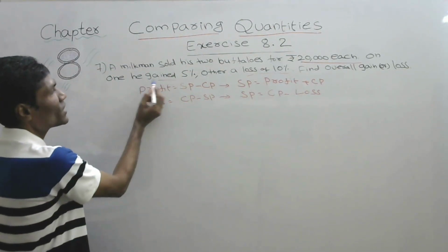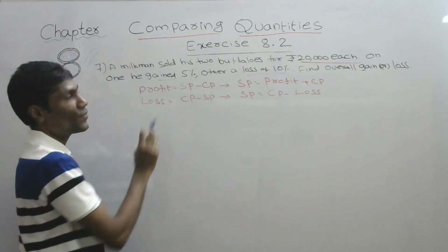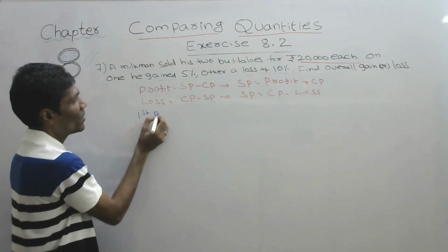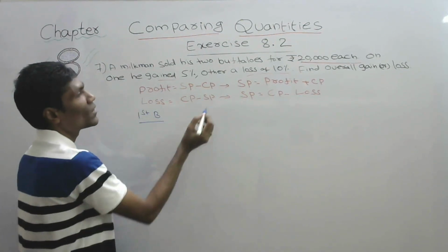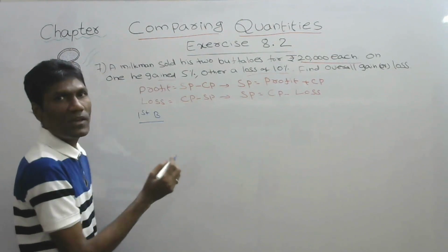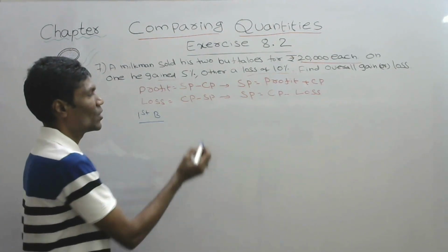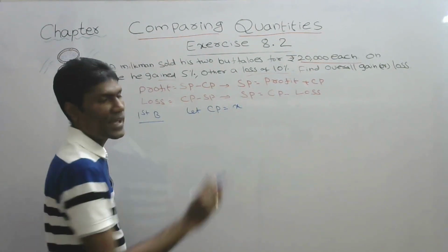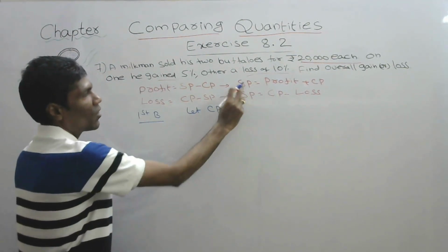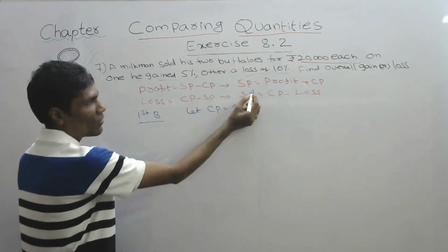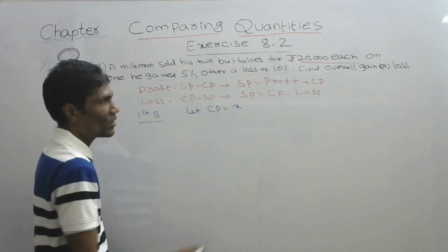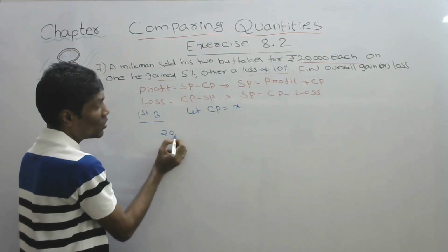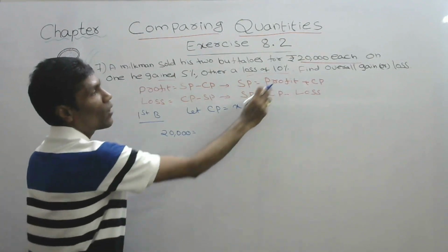Now, in first case, we got gain of 5%. So we will calculate first buffalo. First buffalo. Now, what is CP? We don't know the cost price. So what we will do is, let cost price equal to X. Now, first one, selling price equal to profit plus CP. What is selling price? 20,000. We know 20,000 equal to profit.